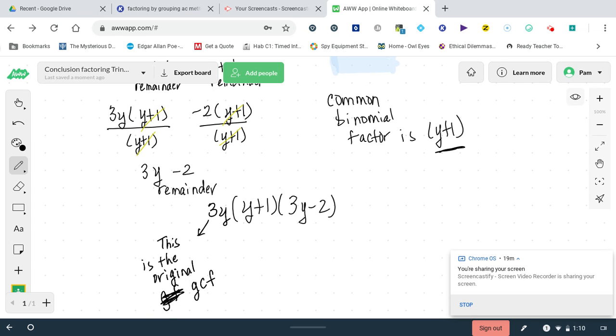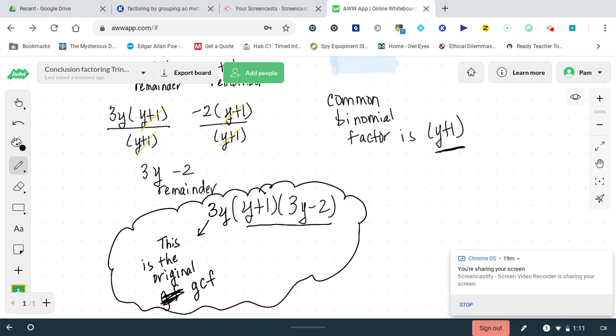Okay, it has to go back to the front in front of those factors that are left over. These factors only came from the remainder, but then you have to consider the factor that you started off with, which was the original GCF, and then you put it all together. So that's your answer, okay? All right, and that's that, guys.